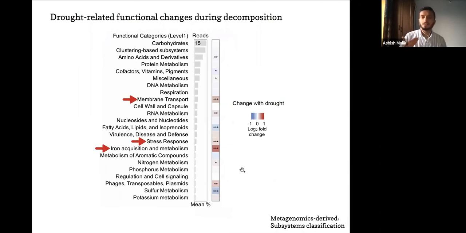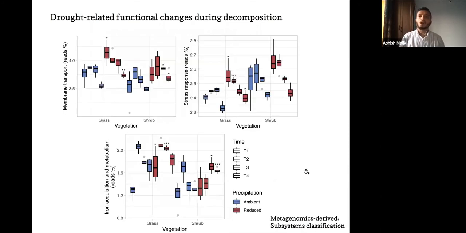And then we went deeper into looking at how these three main functional categories change with time. So for membrane transport, again, you can see higher amounts of reads that were annotated to membrane transport in the drought treatment, both in the grass and the shrub treatment.